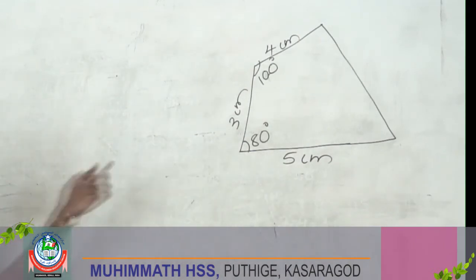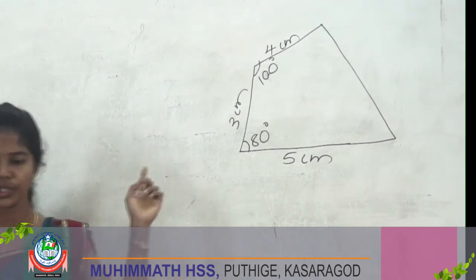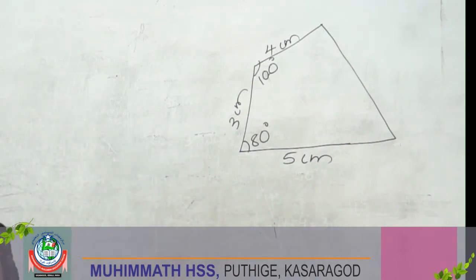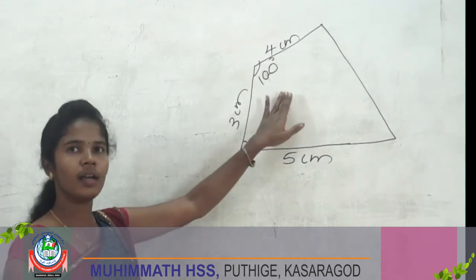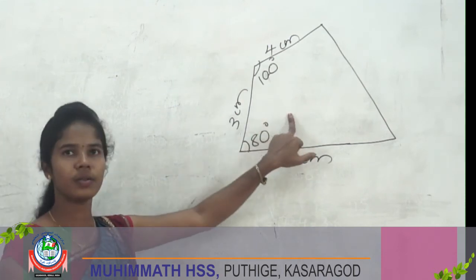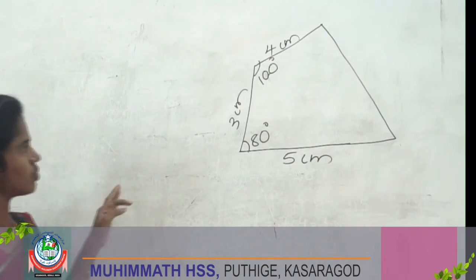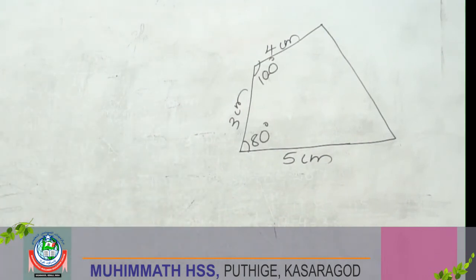So first quadrilateral is given. You first draw the quadrilateral. We have to draw another triangle whose area should be equal to the area of this quadrilateral. We already discussed some steps, so based on those steps you have to draw.